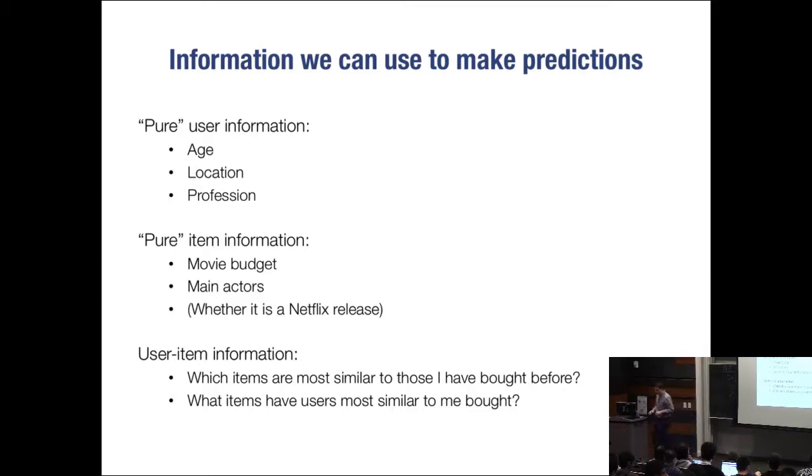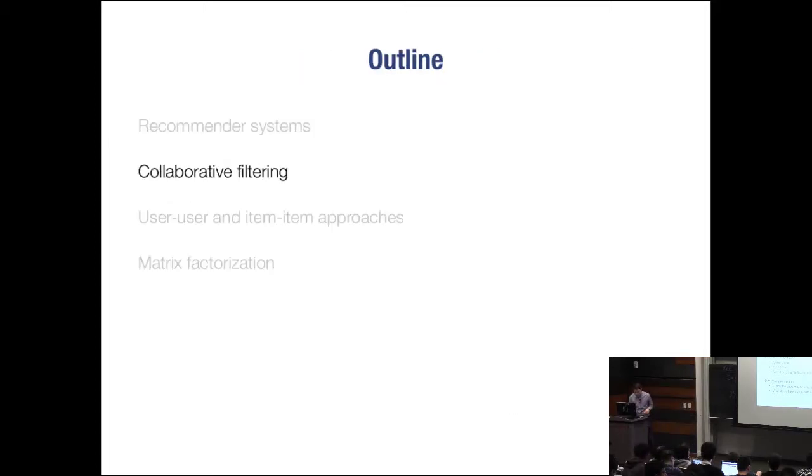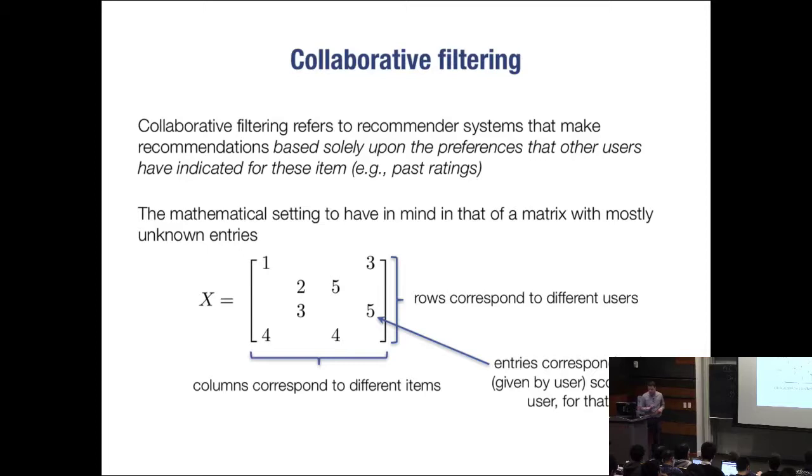So the way to think about this formally is that collaborative filtering takes as input a matrix like this, where the rows correspond to different users and the columns correspond to different items.